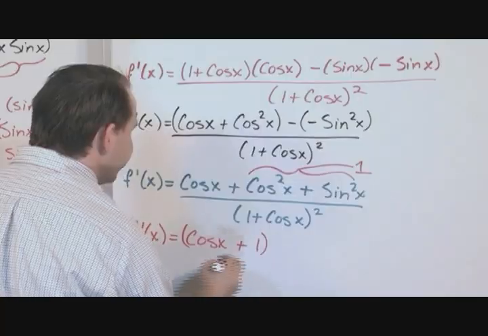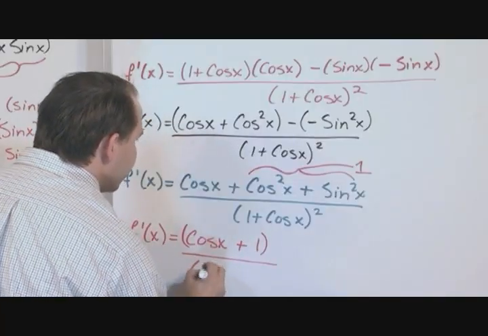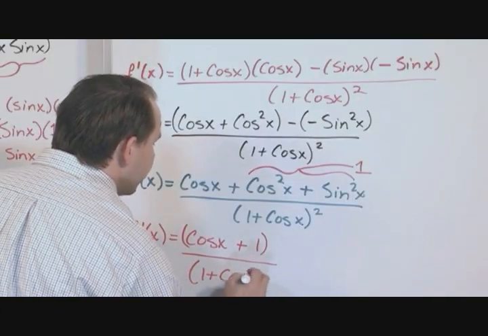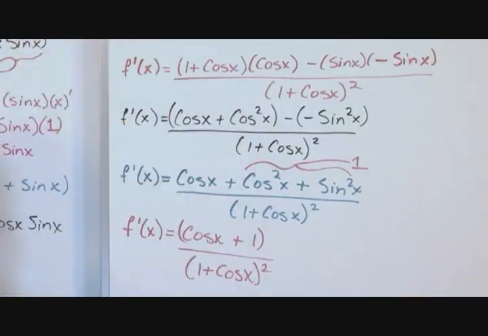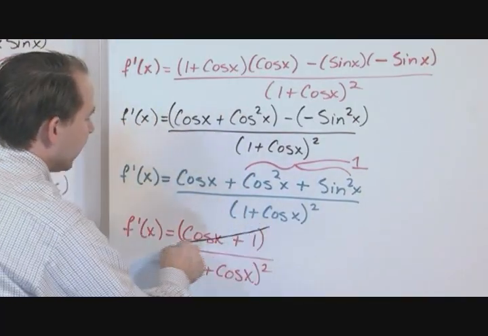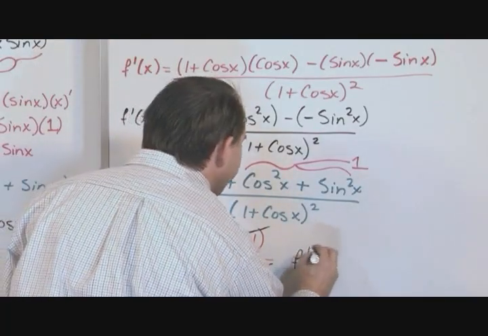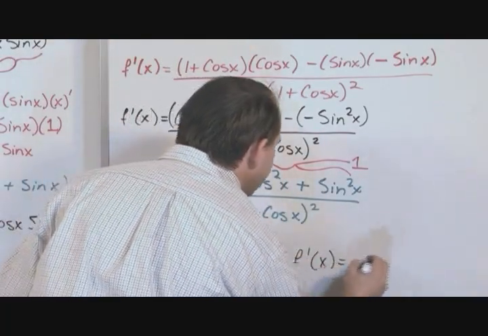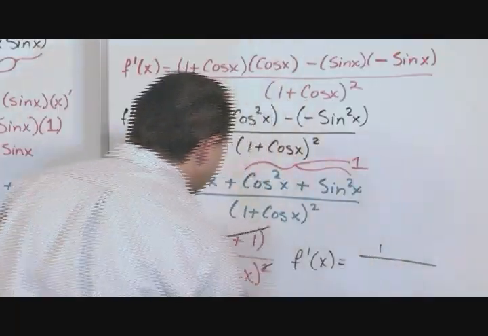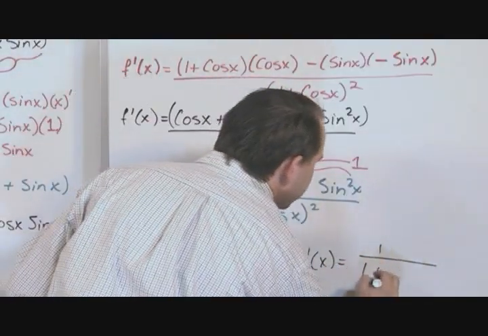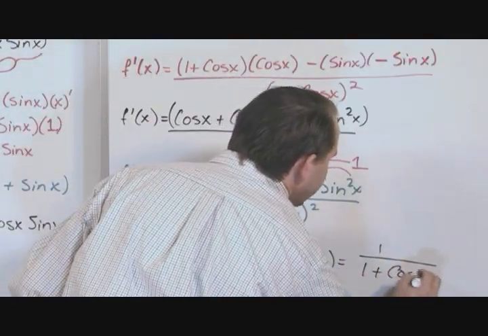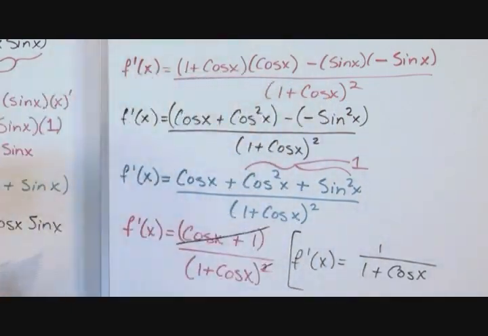Let me wrap it in parentheses to help you out here. On the bottom, you're going to have 1 plus cosine x squared. This entire numerator can cancel with one of the guys in the bottom. So the real answer for this derivative is 1 over the bottom, 1 plus cosine x. And that is the answer, 1 over 1 plus cosine x.